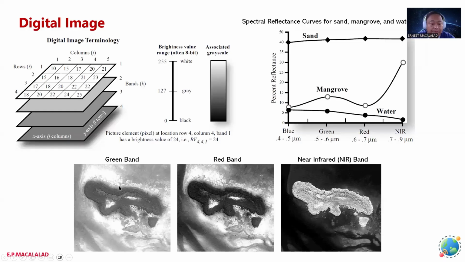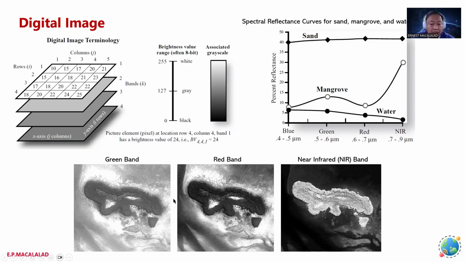As you will notice here, for the green band, these areas are bright, meaning white, compared to this target. It is emphasized at the red band, wherein here it's still white, but if you can see my cursor, this area is darker in the red band.